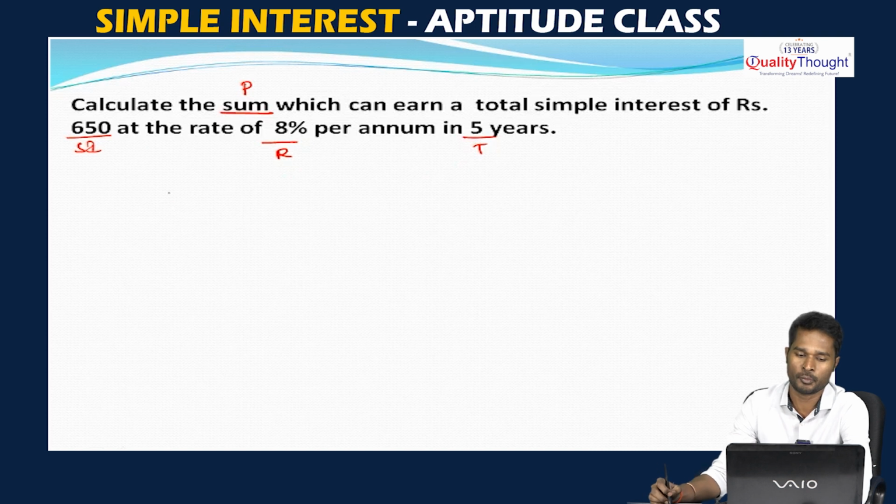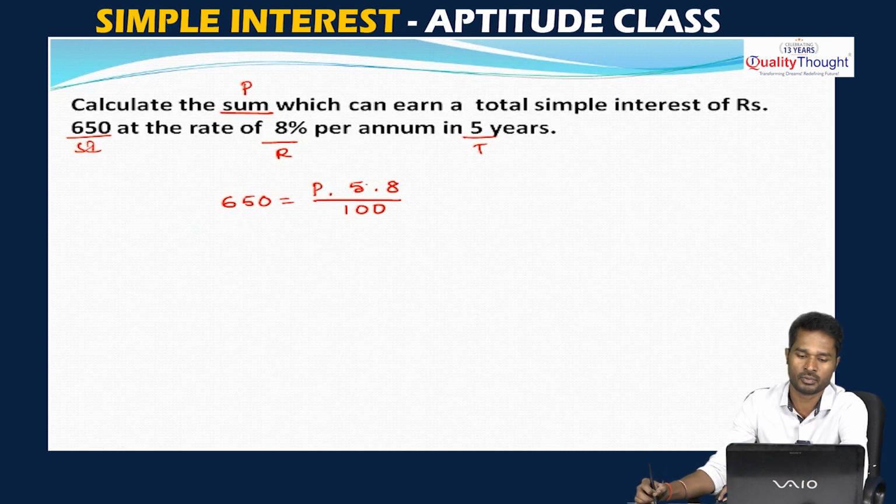So what is that amount? The simple interest we have is 650, the P value we need to calculate, the time period is 5 years, and the rate of interest is 8 by 100. It is very simple to calculate this kind of question through the formula itself.